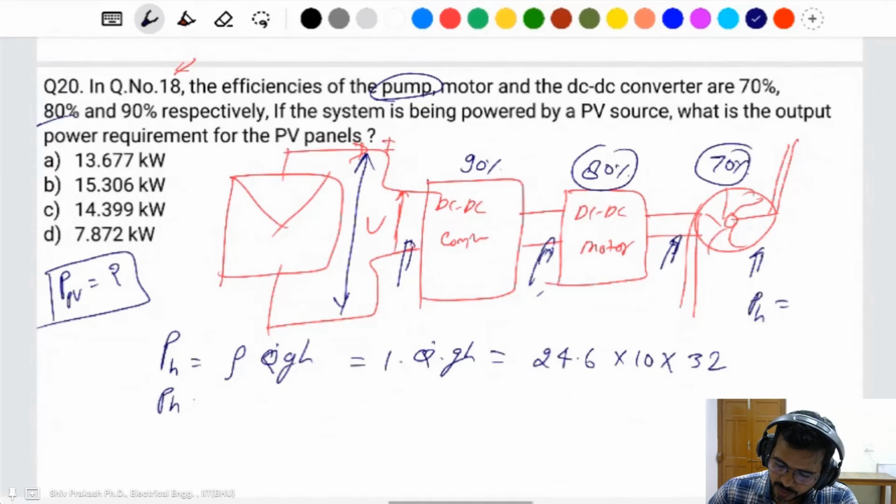Total hydraulic power is 24.6 into 10 into 32, which is 7872 watt. But this is only PH. Then what is the power of PV?